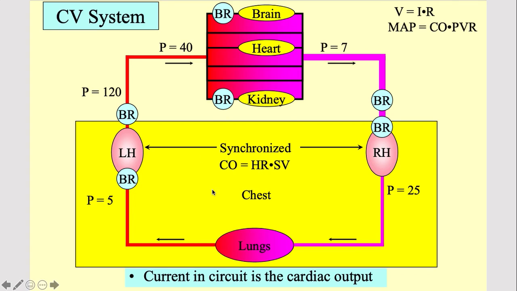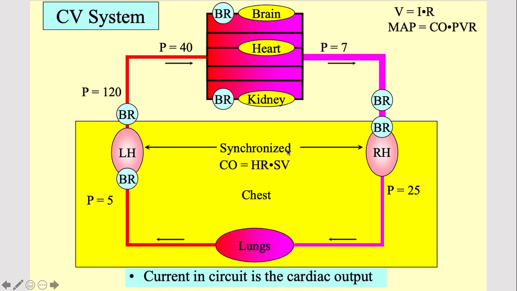So it won't be equal. And after 10 minutes, you're going to have pretty much 4.9 liters, or 5 liters here, which wouldn't be good, right? That's pretty much your whole blood volume in your chest, just from pumping 1 extra milliliter of blood forward in the right heart versus the left heart.